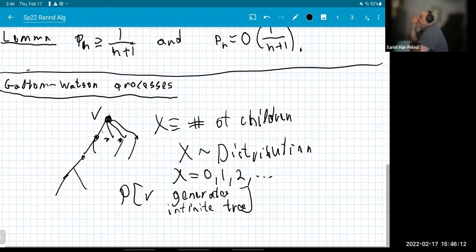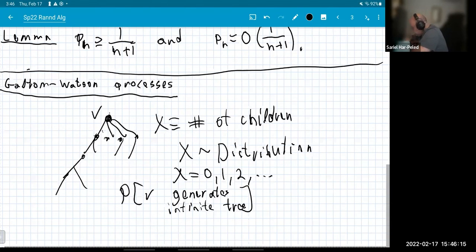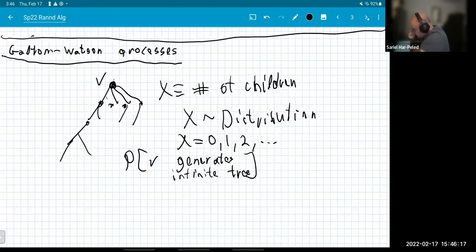So what information do I give you on the distribution? What Galton looked at was the expected number of children, right? And what one can show is the following. To remind you, every node in this tree has the same distribution of the number of children.